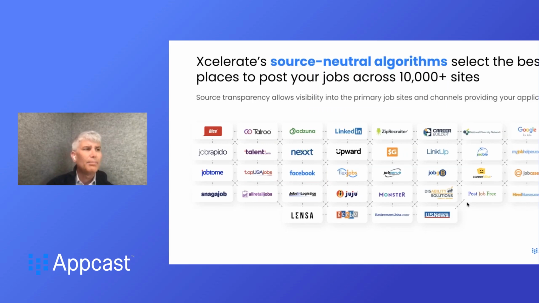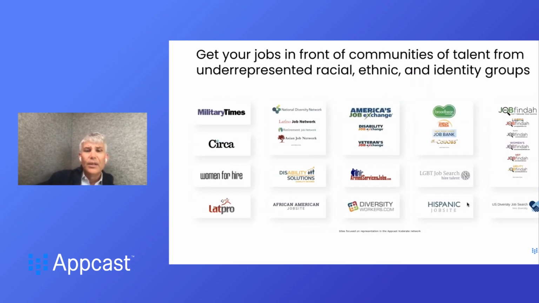Rather than having to pick one, we use the billions and billions of clicks, applies and impressions that we track every single day. We look at your job and we know where those job seekers live, work, and play online. We take your ad and put it in front of those job seekers so that we can drive more volume for your hard-to-fill or high-volume jobs, and also deliver great quality candidates.